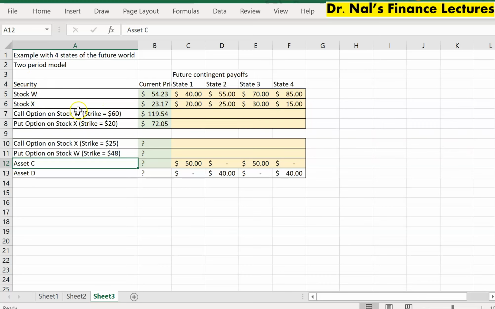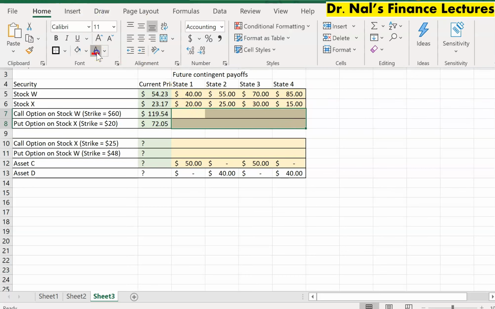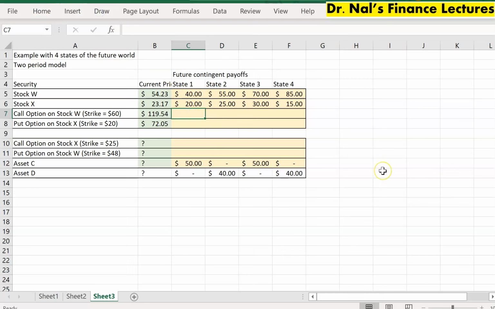If you have a call option with a strike price of $60, this call option will only be exercised in future states where the stock price exceeds $60. So it will go worthless in state 1 and 2.